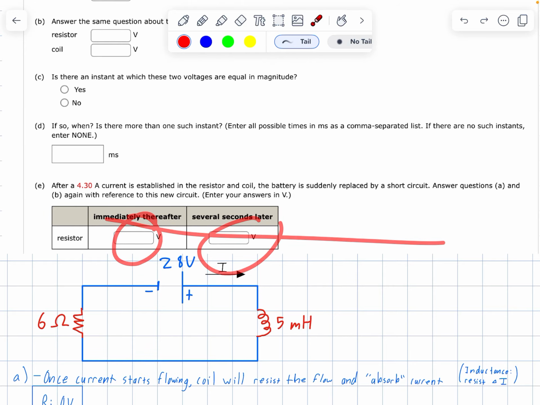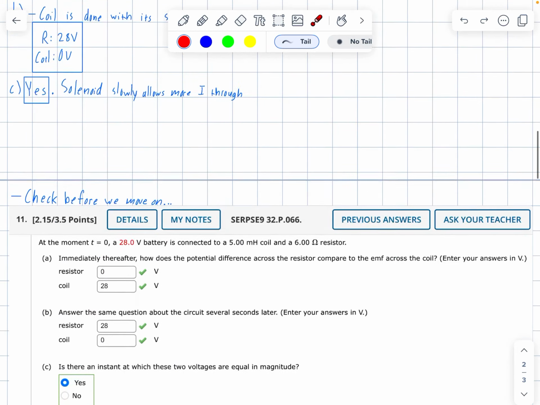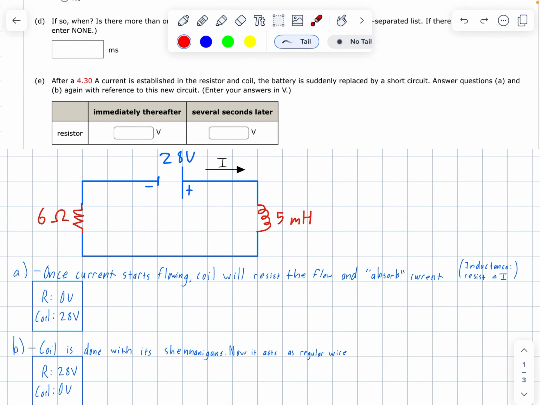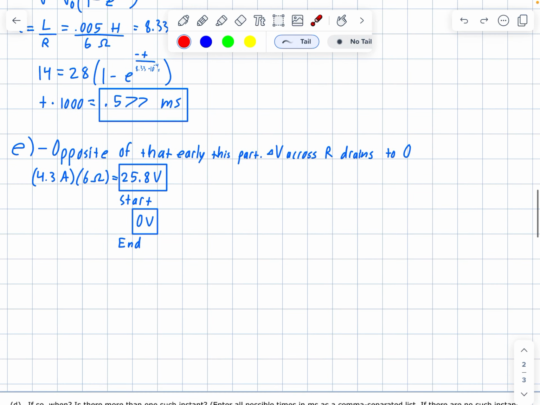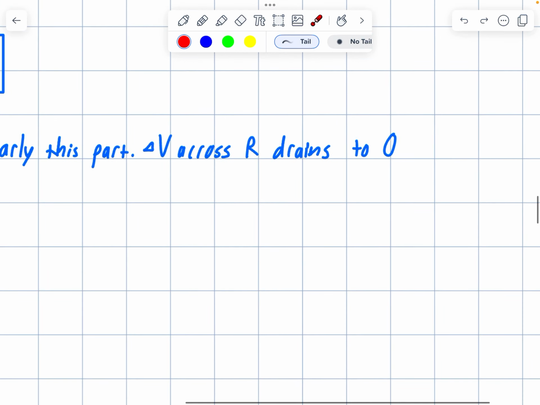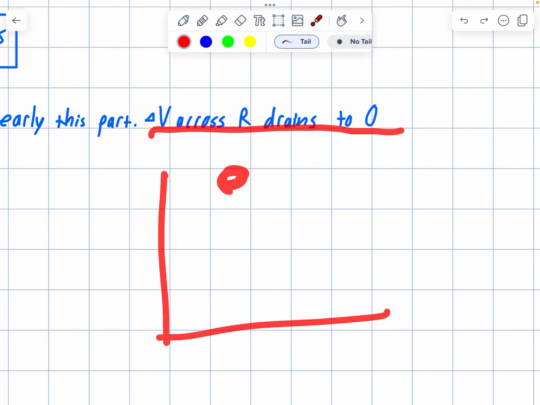So what is the voltage and the resistance right after the circuit is not closed anymore? And then what about several seconds later? So this is kind of the opposite of that early part. So the voltage across the resistor will start at its maximum value, and then it will drain to 0.